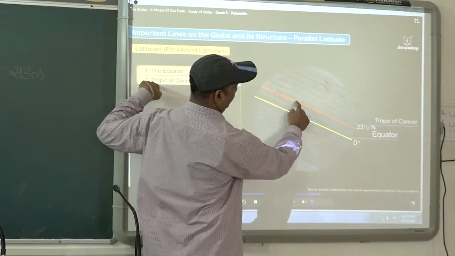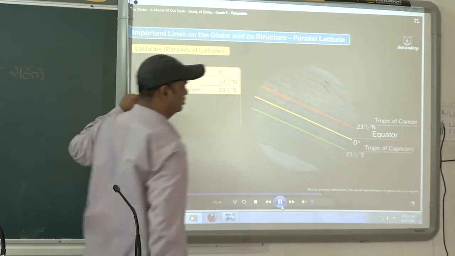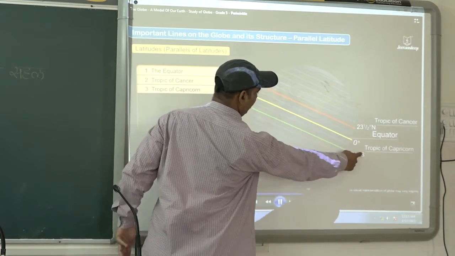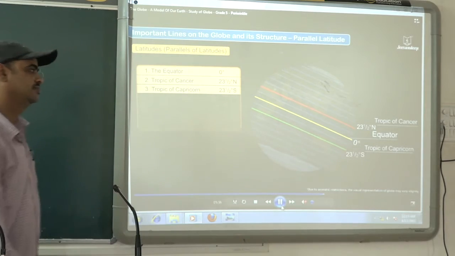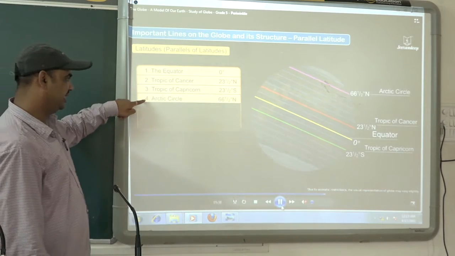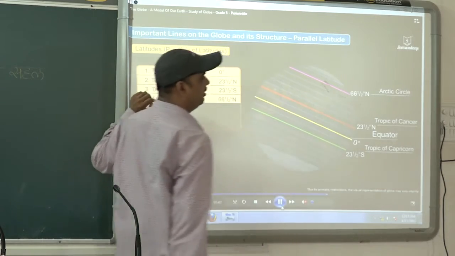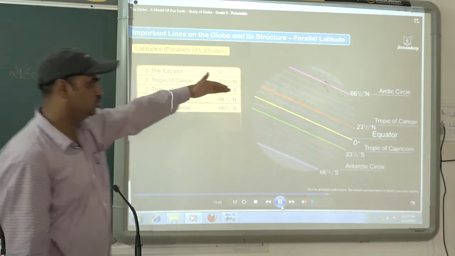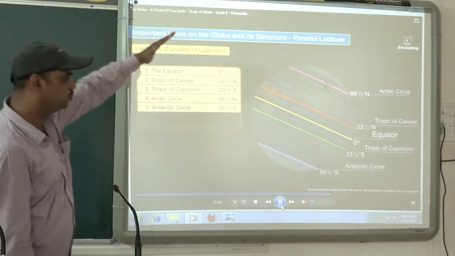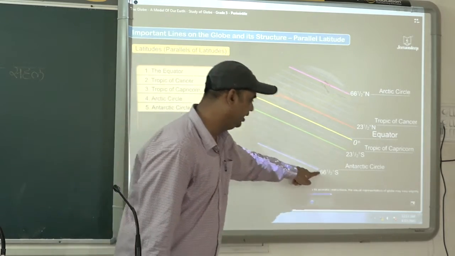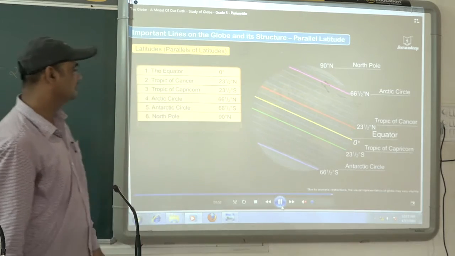Then Tropic of Capricorn is 23.5 south. Arctic Circle is 66.5 north. Then Antarctic Circle is 66.5 south.